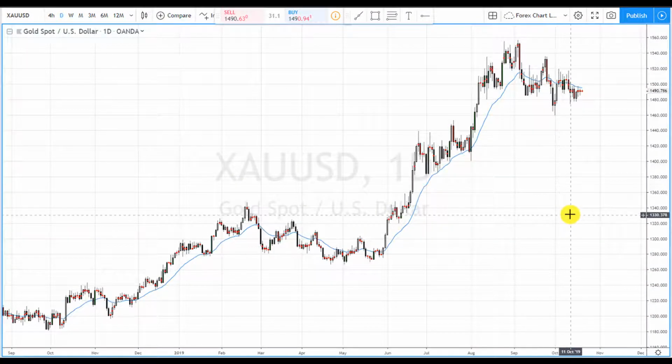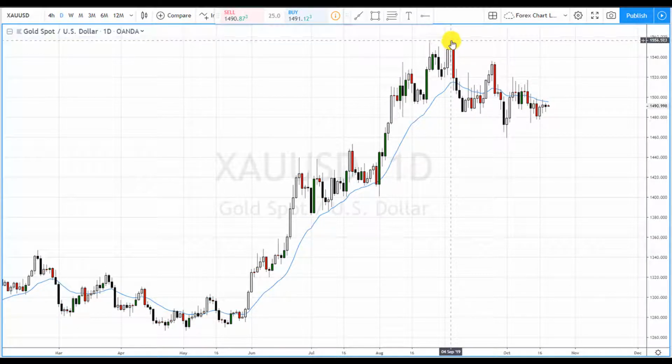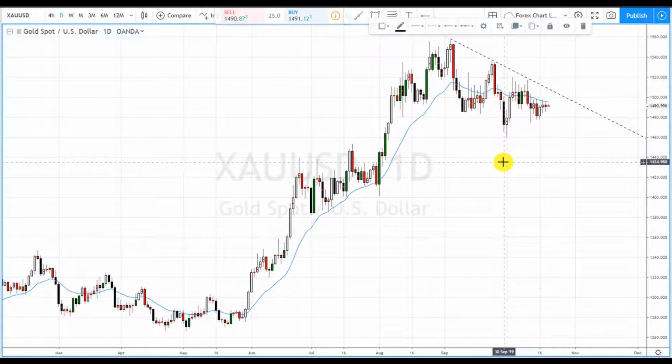So we know higher time frames are suggesting price hit a higher time frame supply zone, so price is going to go lower, and that's what's happening currently on gold on the lower time frame.